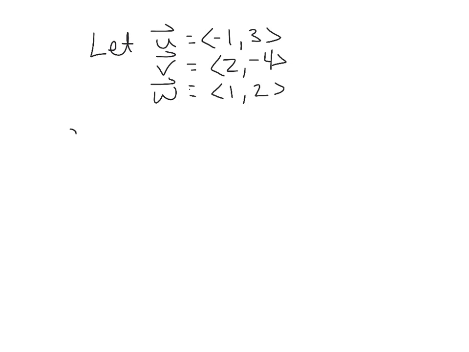I want to find U dot V and then times my W vector.